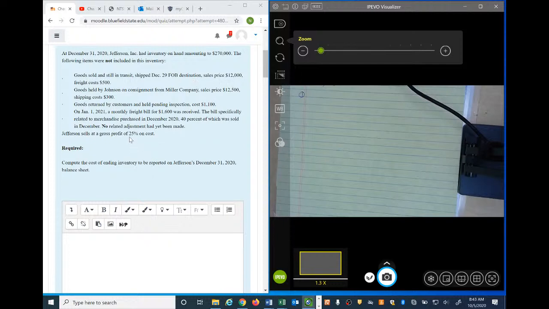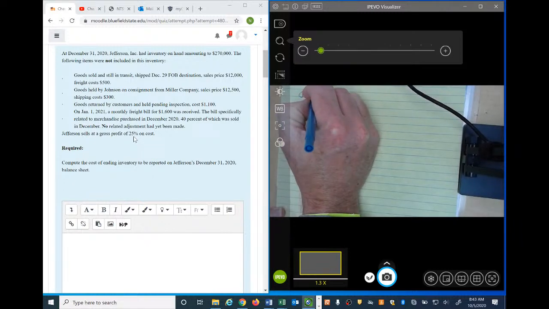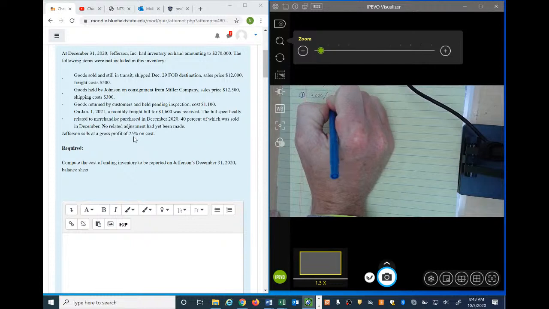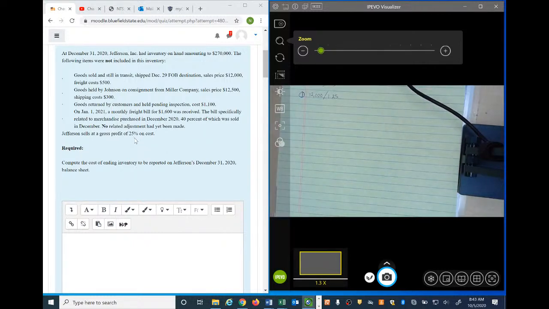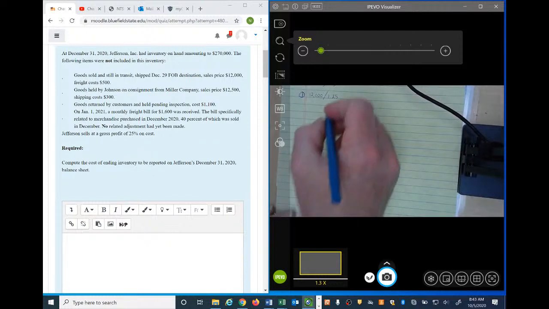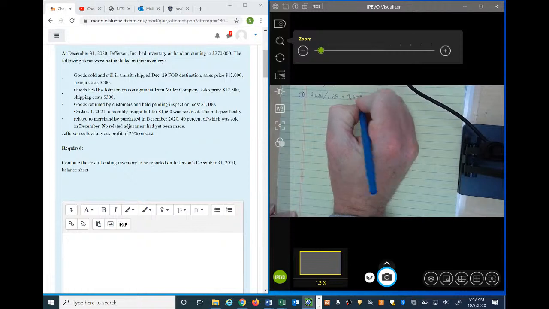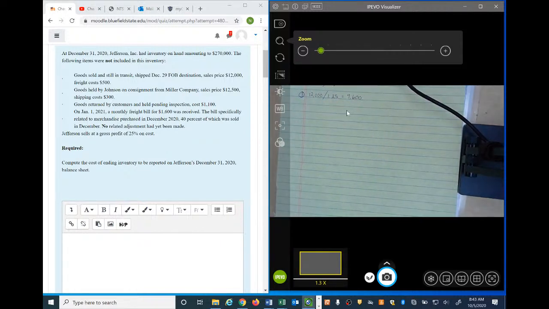Selling price is this, here's our gross profit. So we want to take the 12,000 and divide that number by 1.25, because it's divided by 1 plus the markup. I'm pretty sure that gives us $9,600. So we know we're going to have to add $9,600 to this amount right here already. Okay, let's look at the next one.